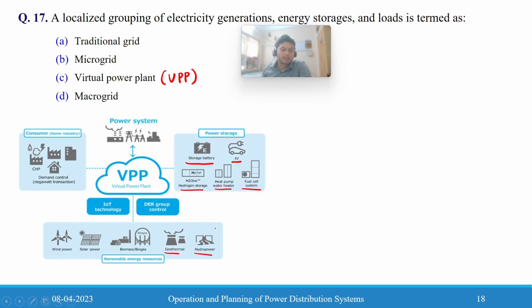The difference between a microgrid and a virtual power plant is that a microgrid is localized at a community level, at a small scale, but a virtual power plant is an integration of dispersed resources that can be located very far away, all connected together through IoT technology and controlled through an advanced communication system.